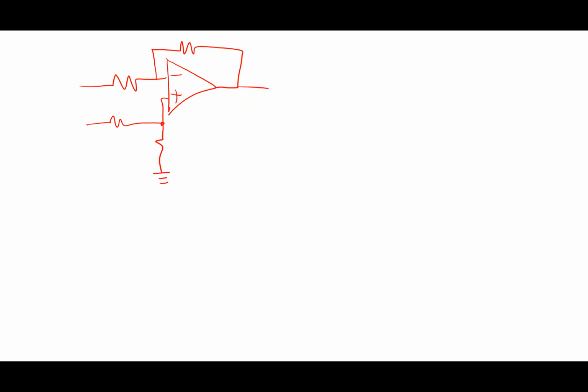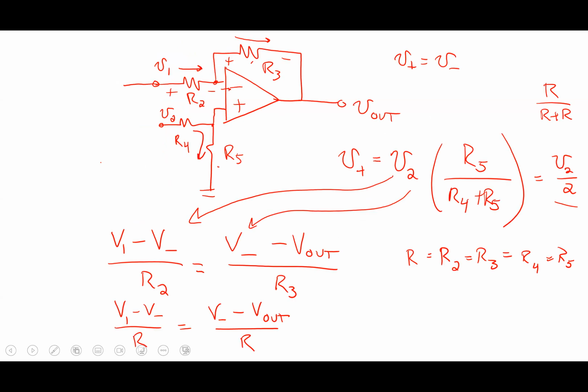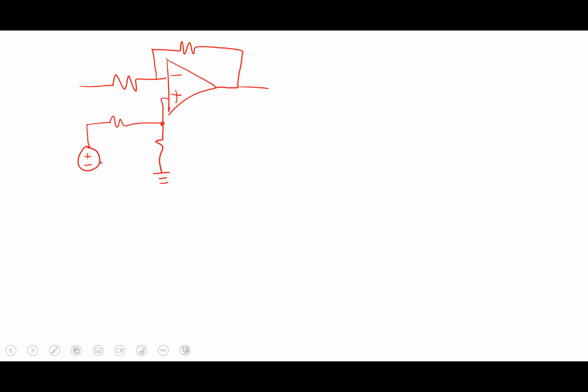What I'm actually gonna do is superposition. It should work with nodal analysis, but I'm gonna do superposition. I don't know if I'm smoking something or what. Let's make this V2. Make this V1.